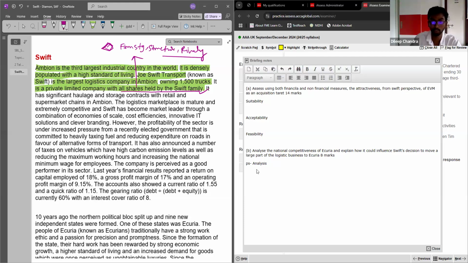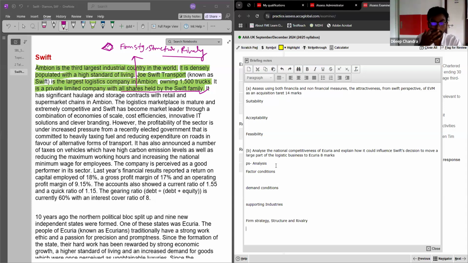Since we know this is going to be Porter's diamond, I will have the side headings: factor conditions, demand conditions, supporting industries, firm strategy, structure, and rivalry.